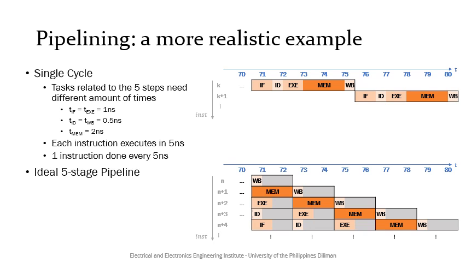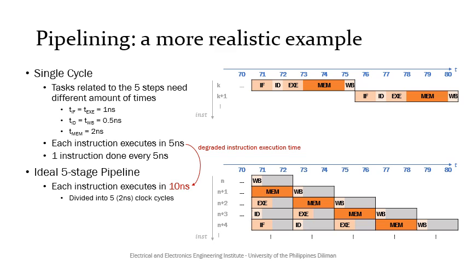As there are 5 stages and each clock cycle takes 2 nanoseconds, then each instruction will take 10 nanoseconds to finish. Wait, does this mean that the instructions take longer to finish execution?